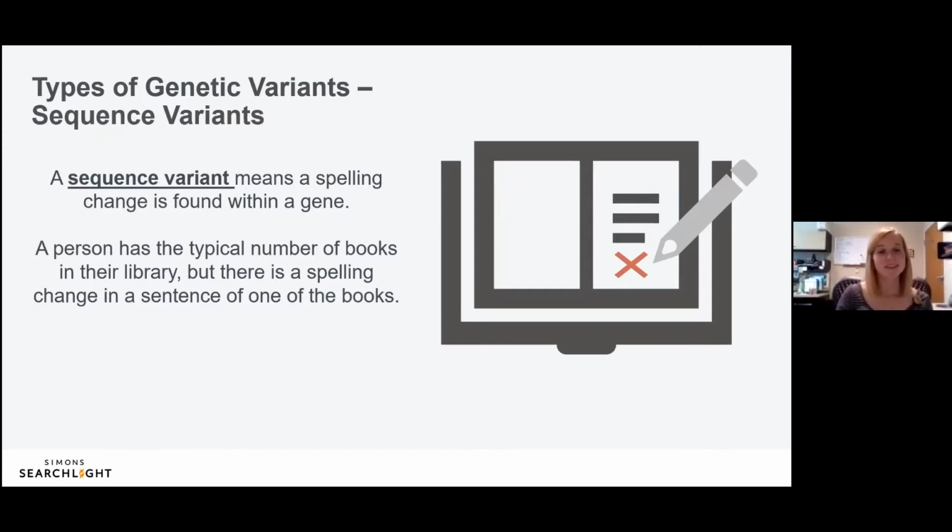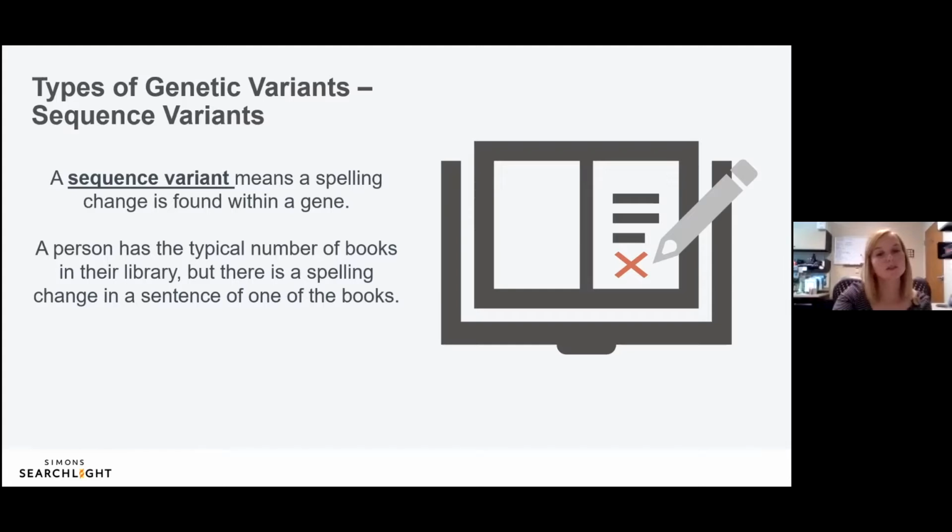Let's think about a different type of genetic change that we can find. Instead of copy number variants, now I want to think about sequence level variants. These are essentially if we would do a spell check on those letters of the DNA. So instead of looking for big, extra, or missing pieces, we're now looking for any individual spelling changes in the letters of the DNA.